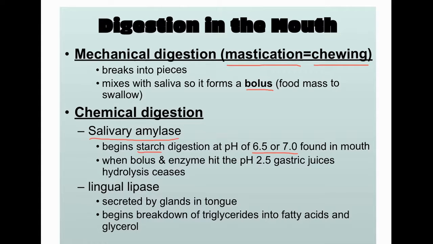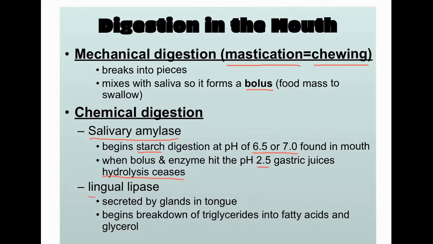When the enzyme hits the pH 2.5, that's very acidic. Gastric juices in the stomach, hydrolysis ceases. That means, you won't need to know that, but basically it means once the enzyme, the salivary amylase, enters the stomach, the acid in the stomach destroys the enzyme and it can't break down starch anymore.